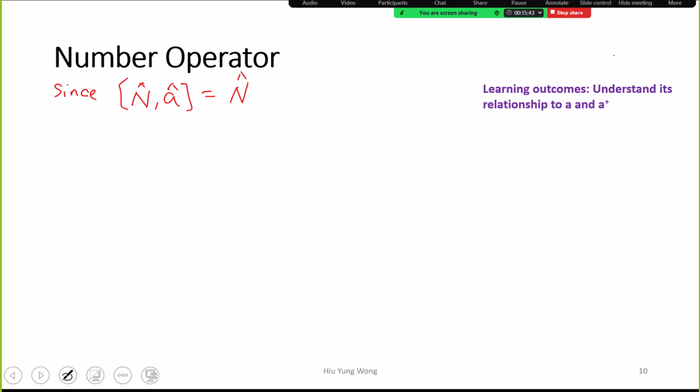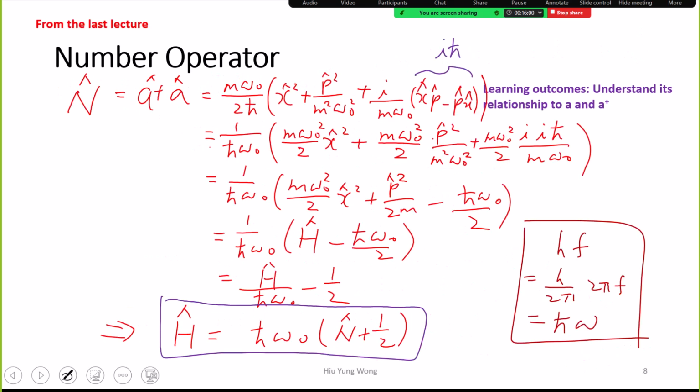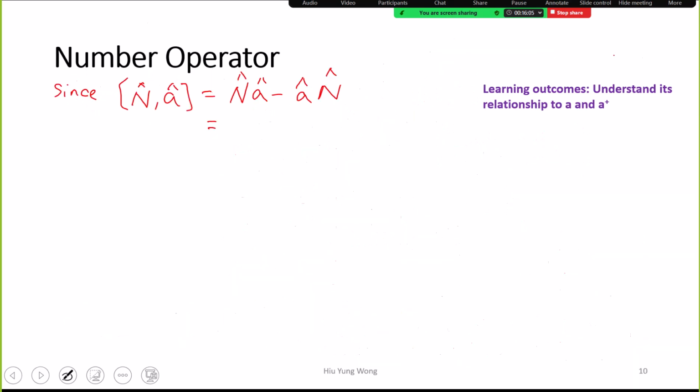N hat A hat minus A hat N hat. Okay, so I'm going to plug in N. Do you remember what is N in terms of A and A dagger? Probably forgot. It's A dagger A. Okay, A dagger A by definition.